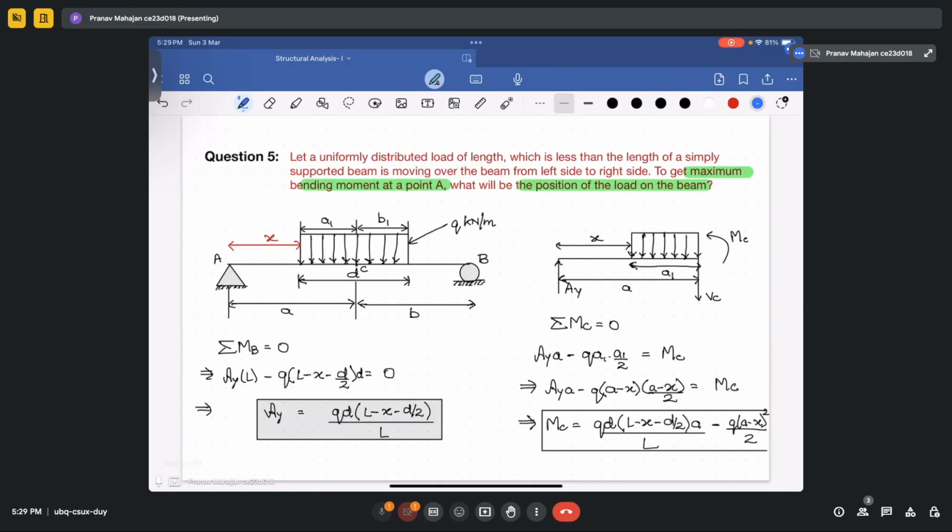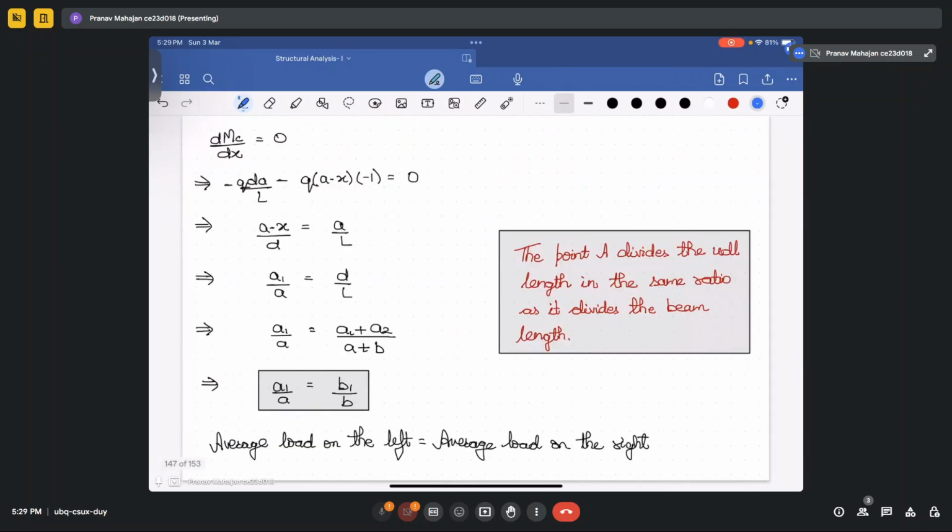And similarly, we have taken the case when you have a load which is spread over a small distance, less than the total length of the beam, and then how you will calculate the value of shear force and bending moment. For a maximum bending moment, it is required that the average load on the left hand side should be equal to the average load on the right hand side.